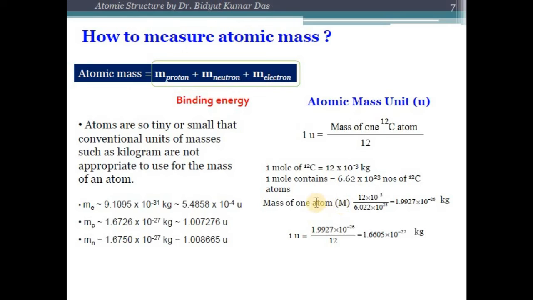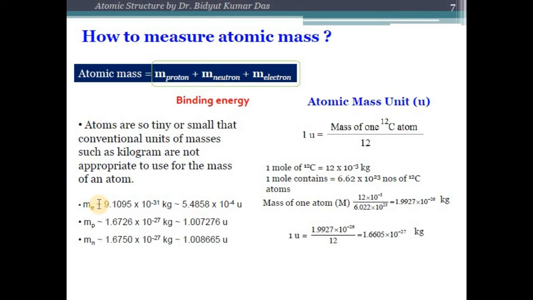Therefore, the mass of one atom will be equal to this mass divided by Avogadro's number. So 1 atomic mass unit will be equal to 1.6605 times 10 to the power minus 27 kg.